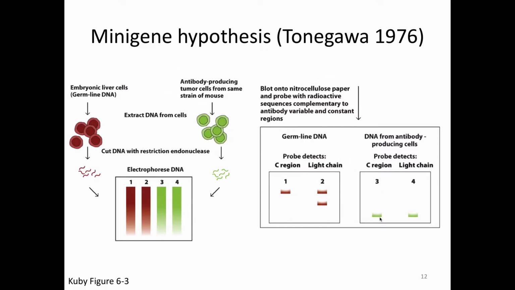In different versions of this experiment, sometimes people will use things like liver cells as non-immune cells. Sometimes you'll see it done with sperm cells as cells where you would expect the DNA should not be messed with. You can see a bunch of different cell types here. Basically the important thing is that it's some non-immune cell.